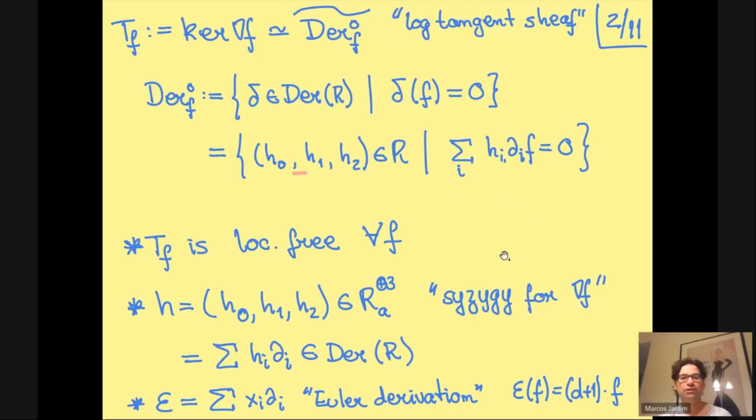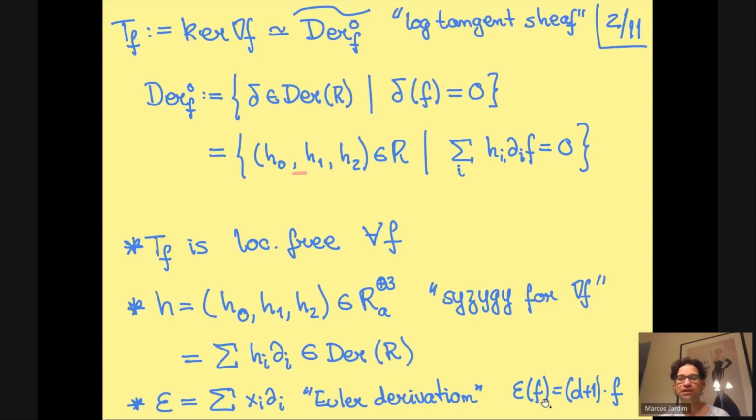So in other words, you can think of this h as being a syzygy for the vector nabla F. This sheaf T_F is always locally free. And we always have the so-called Euler derivation as well.